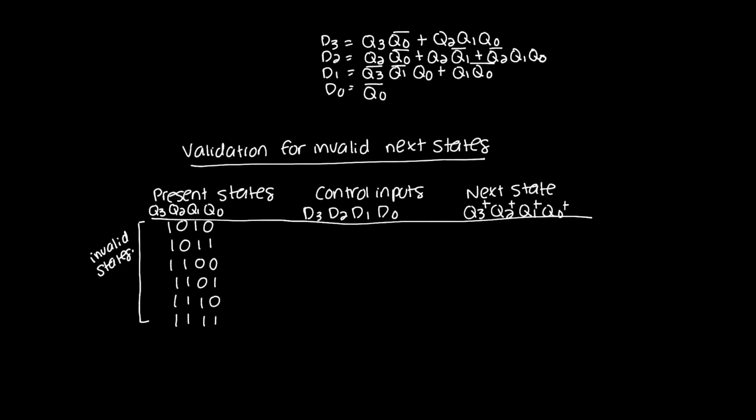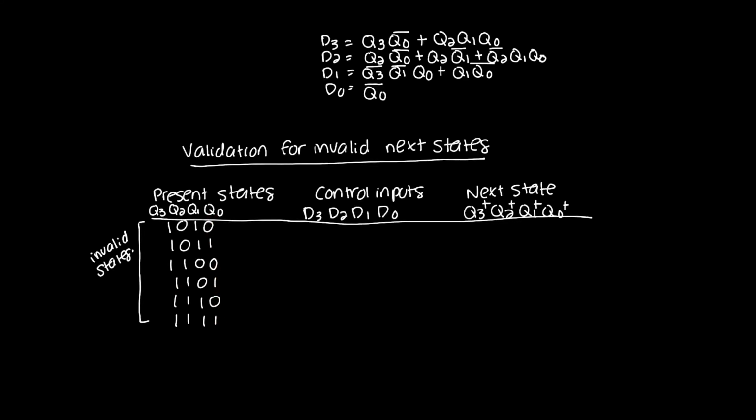I know that D3 is going to be high, logic 1, whenever I've got this condition of Q3 being high and Q0 being low, or if I have all three of these being high at the same time. So let's just go term by term. Whenever Q3 is high, Q0 is low. Q3 is always high, so where is Q0 low?